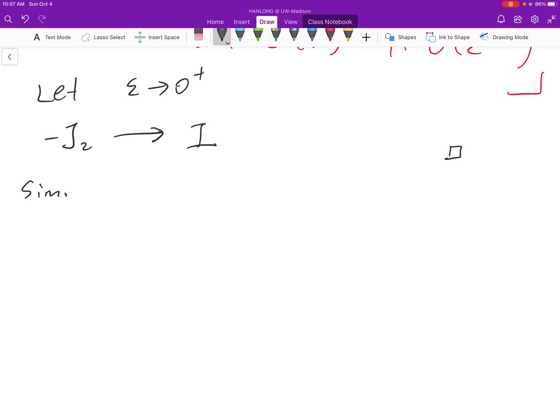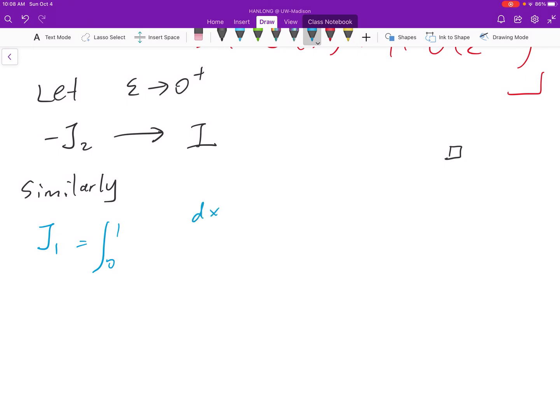Similarly, we can deal with the J1 part. So J1, the first step is to write down the branch functions explicitly.